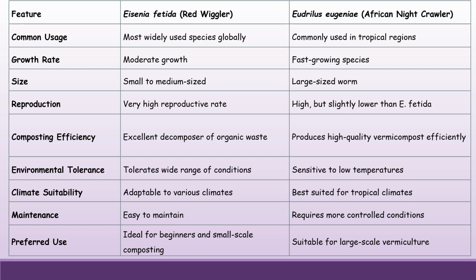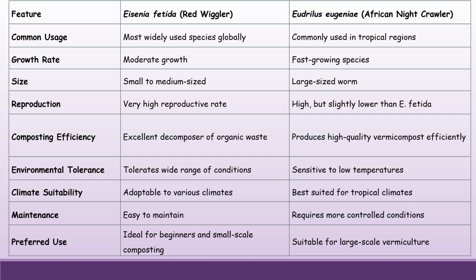This slide shows the comparative chart between red wigglers and African night crawlers. As you can clearly see, red wigglers are the most widely used species. They exhibit moderate growth, are small to medium sized, have a very high reproductive rate, and are excellent decomposers of organic waste.